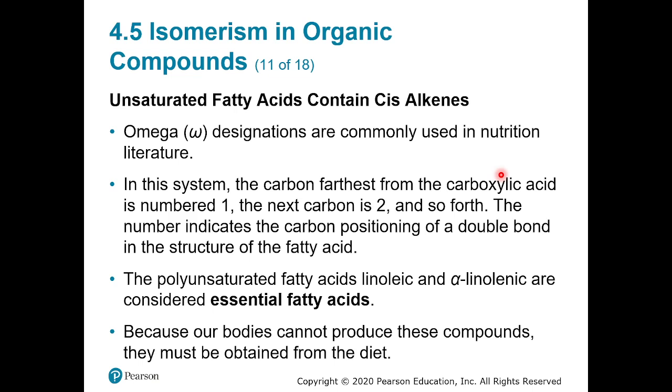So you actually start counting at the end of your chain instead of at the beginning. And what you then do is the next carbon is 2, the next one 3, and so on. These can be given Greek letters, in alphabetical order as the Greek alphabet goes, to describe where that double bond is. Okay.